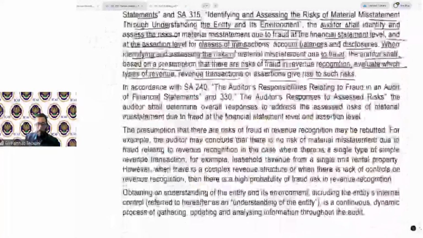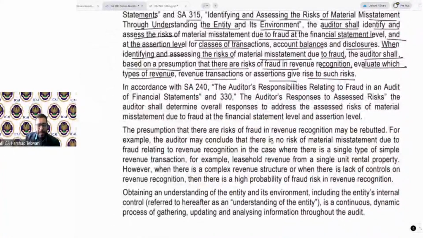Now, if you see the answer, the presumption that there are risks of fraud in revenue recognition may be rebutted, meaning it can be decided that the risk of fraud in revenue recognition is not present. For example, the auditor may conclude that there is no risk of material misstatement due to fraud relating to revenue recognition in a case where there is a single type of simple revenue transaction.